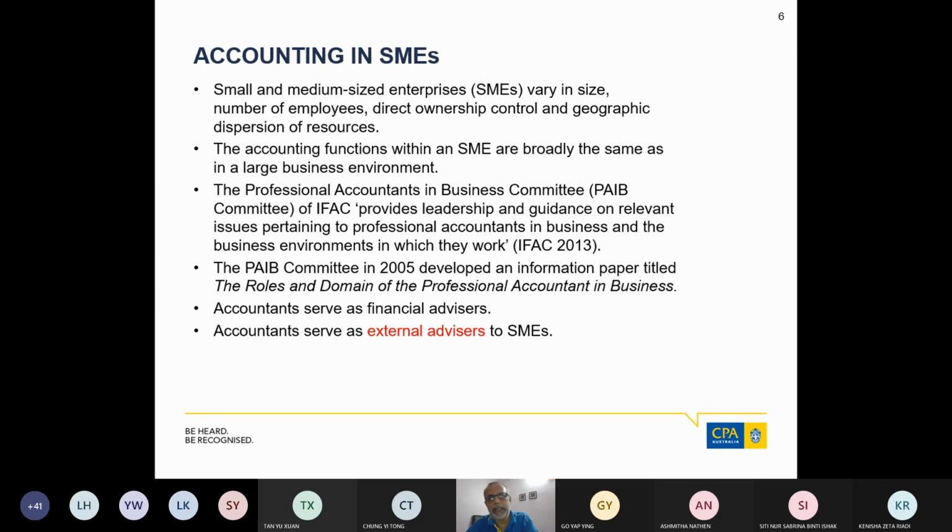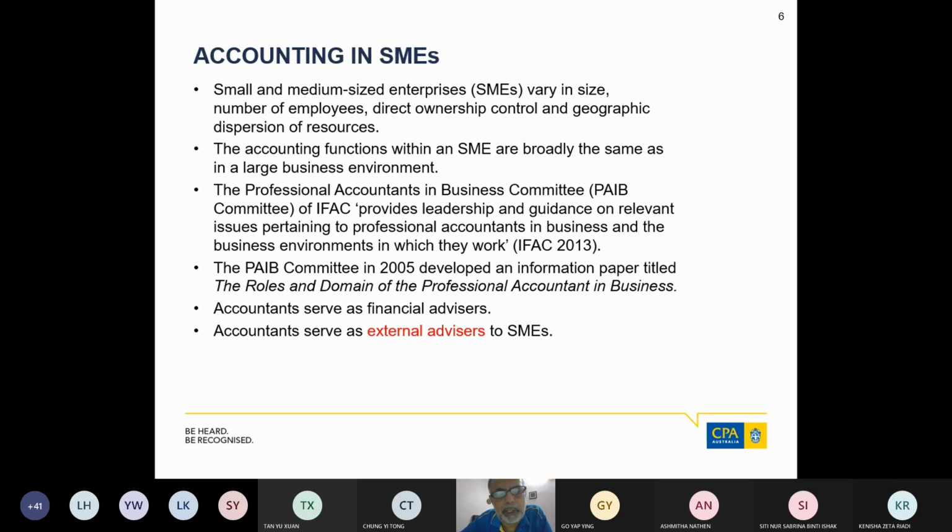So most likely if you end up in an accounting job, you will be ending up in this type of organization. They vary in size, number of employees, ownership control, and geographic dispersion of resources. It's just a broad term to describe them.